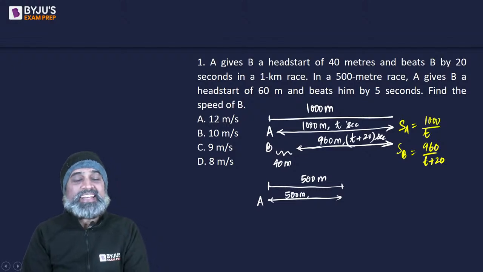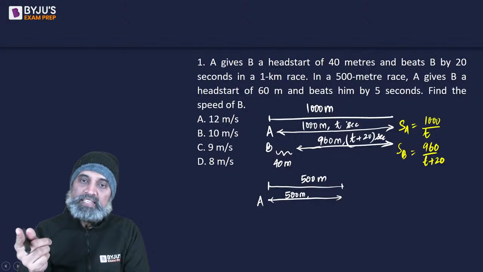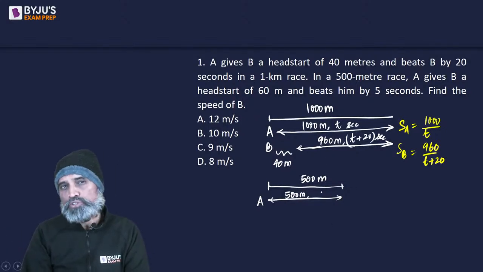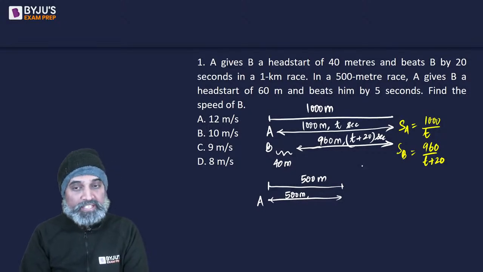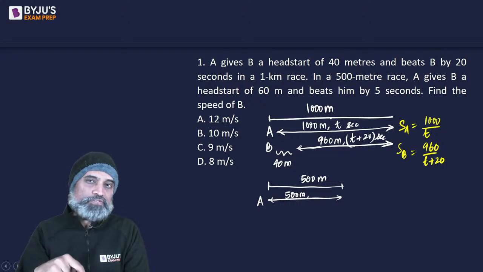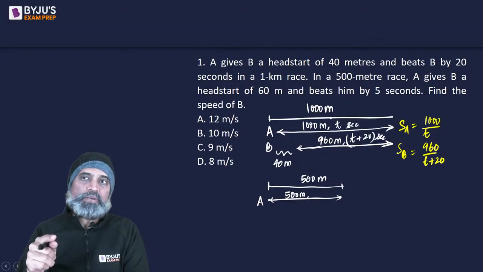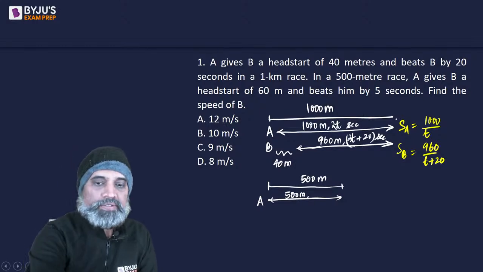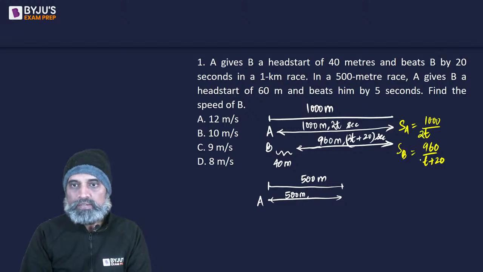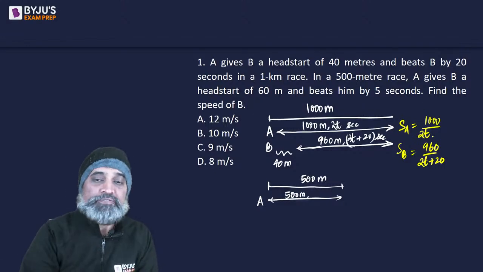Since he takes t seconds in the case of 1000 meters, he is going to take t by 2 seconds, half the time because the distance is halved, but the speed of A will not change. I don't want to work with fractions, so I'll change the previous t to 2t, so that here I have to deal with t.